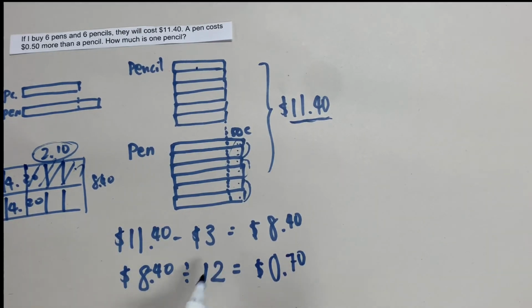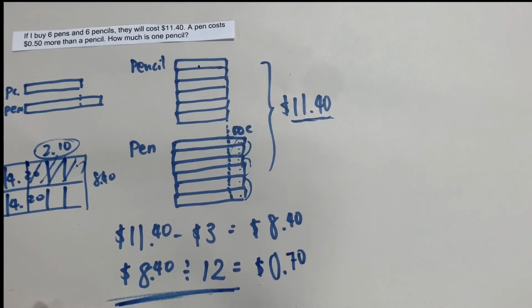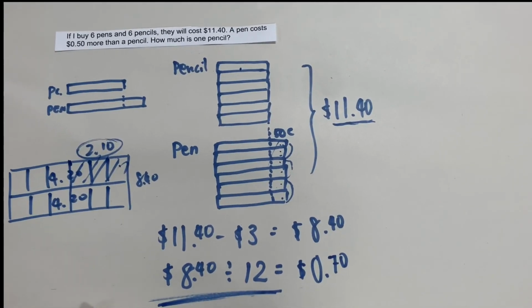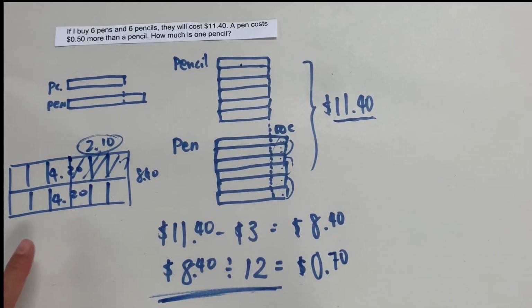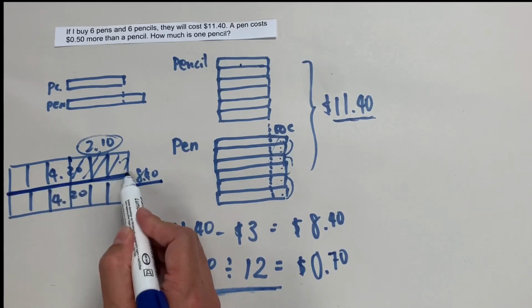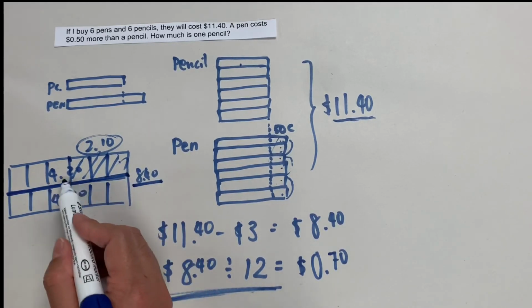This is a bit tricky one because of this part. But hopefully you can. Oops. Sorry. I didn't show you really well, did I? Right. So what I did was $8.40, I halved it first, which is $4.20.